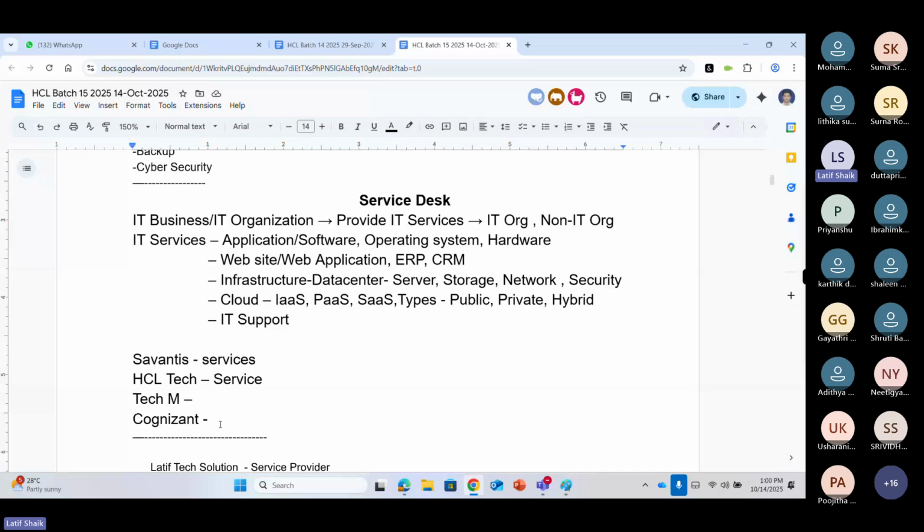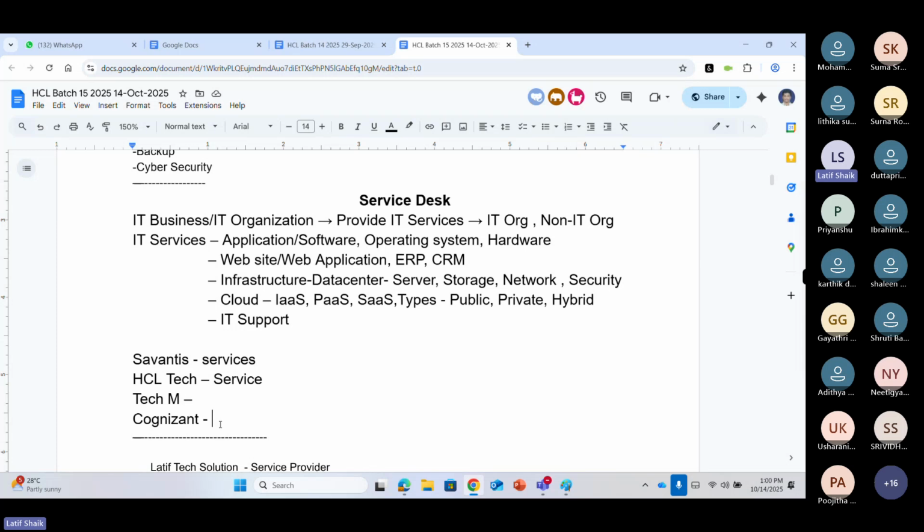Or you can take Oracle, under Oracle, lot of applications are there. Oracle database application, Java application, Oracle virtualization related applications, and VMware virtualization related, VMware Workstation, ESXi, vSphere, vCenter, Horizon. So they build different applications and they're providing applications as services.